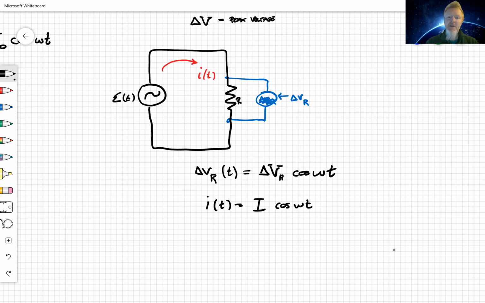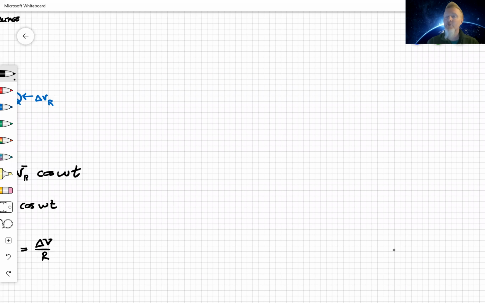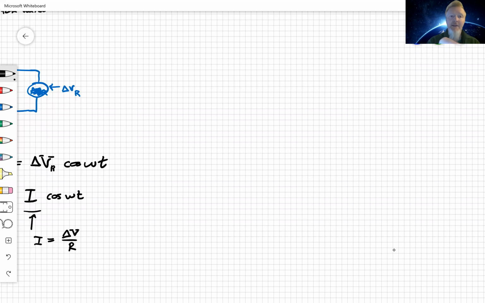So what's the relationship here? They're in phase because the voltage and the current should be peaking at the same time, which essentially means that if I graphed both the voltage of the resistor and the current through the resistor at the same time, they would both lie on top of each other.